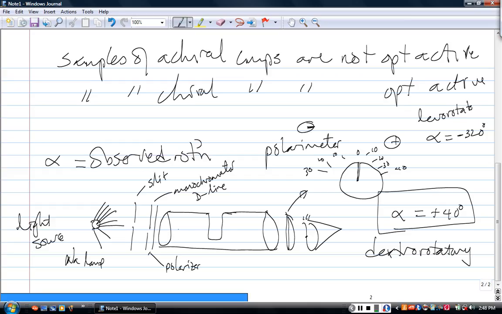Right? So if the sample rotates light clockwise, it's dextrorotatory or plus rotatory. If the sample rotates light anti-clockwise, we say it's levorotatory or minus rotatory. And the question is, how do I know whether my sample is levo or dextro? And as we've seen a little while ago, it makes a huge difference which one it is.